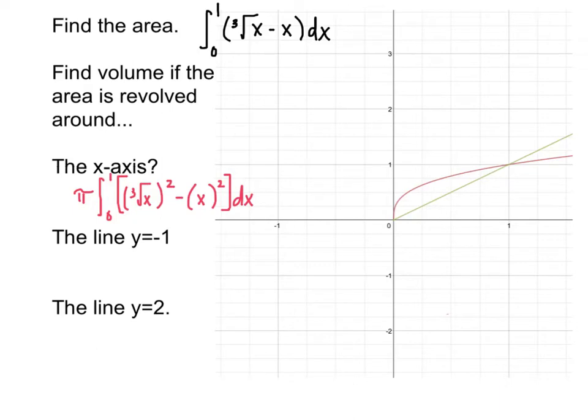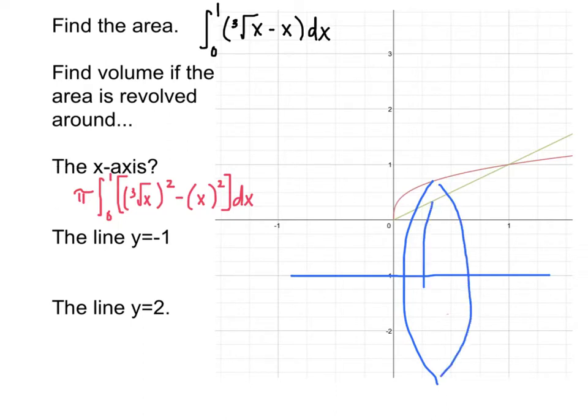Alright, next, if I was going to rotate around the line y equals -1, so now you're revolving like this. What you did here is you made a bigger circle. Before, all it took to get the radius was evaluating the function, but now I made that radius 1 unit bigger.